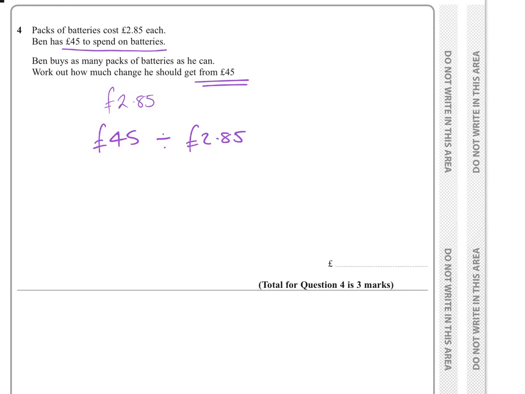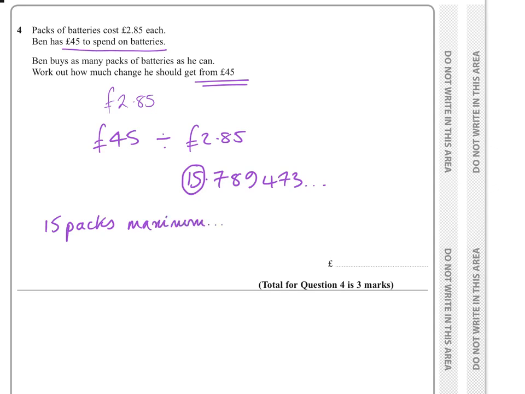So 45 divided by 2.85, and that will be, well, on the calculator it says 15.789473 and so on. So if we think about it, you can't quite buy 16 packs, because you wouldn't have enough money. So in terms of whole number of packs, you can buy 15 packs. So that's 15 packs maximum.